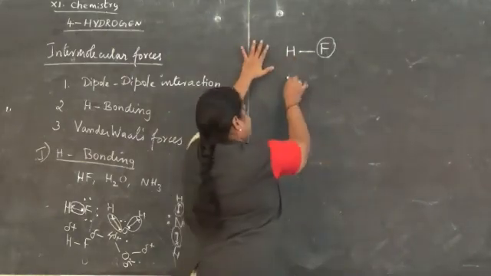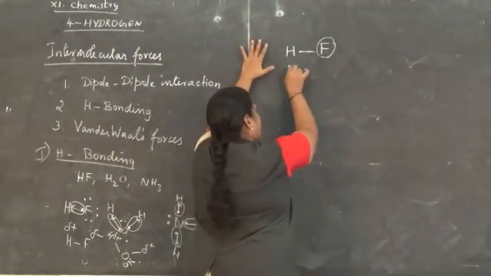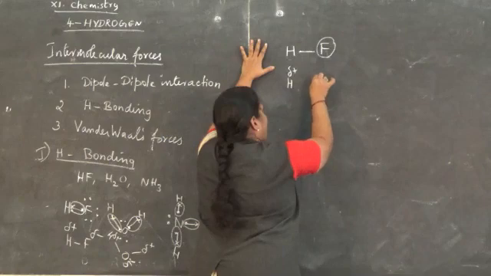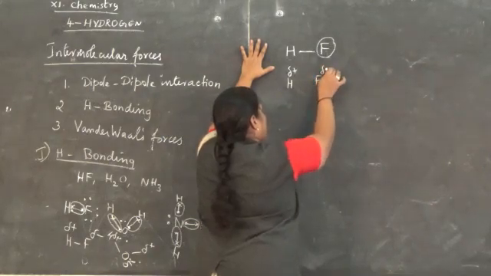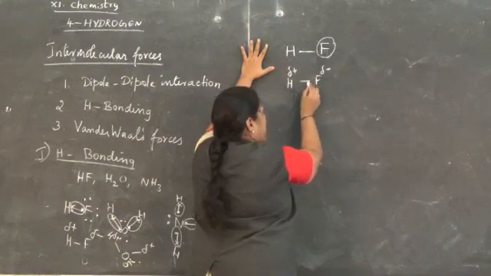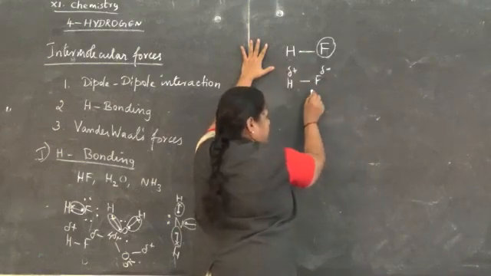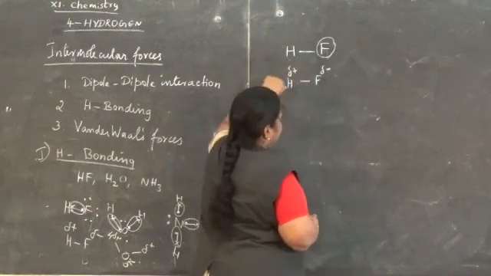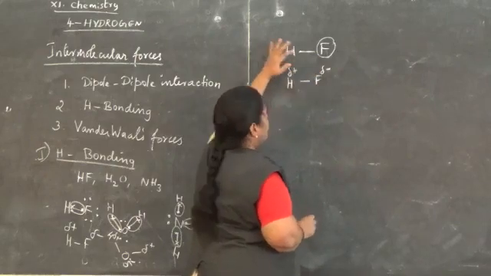Polarized means it carries a partially positive charge on hydrogen and a partially negative charge on the fluorine atom. Then this covalent bond is referred to as a polar covalent bond.